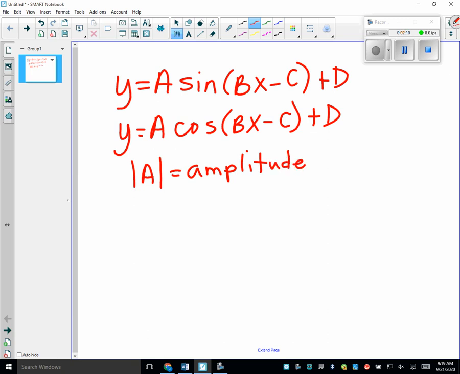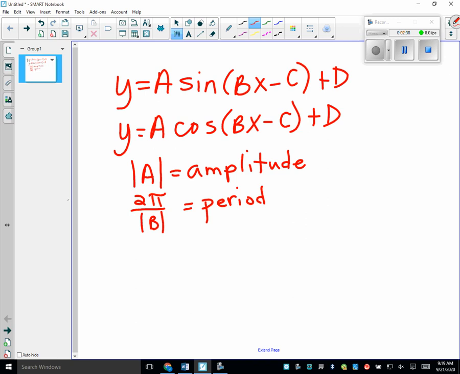What is the period of the graph? 2 pi over the absolute value of b. And for the most part, when we graph, we will graph one period.